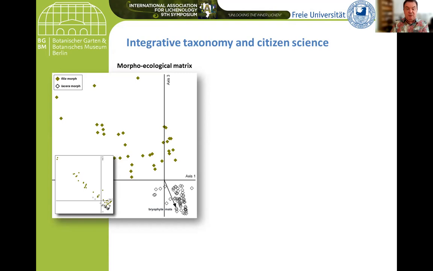When we looked at herbarium specimens, we could support this idea by a strong correlation between the morphology and the presence of bryophytes in the herbarium sample.